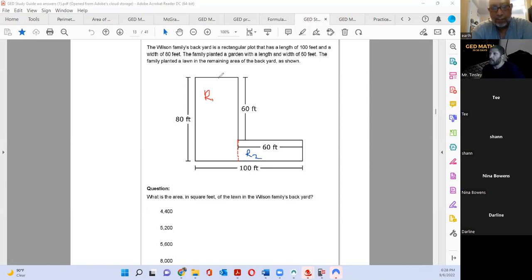So we're gonna call it rectangle 1 and rectangle 2. What is the length and width of rectangle 1? 80 by 40. Well, 80 by 40 or 80 by 100? You gave me two answers. I think it's 80 by 100. No, 80 by 80.